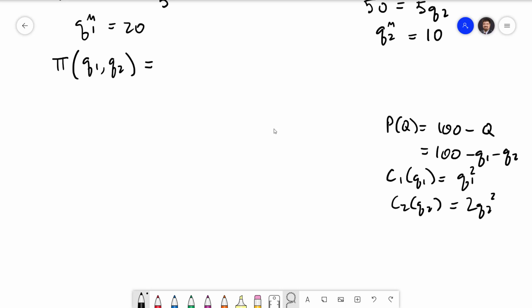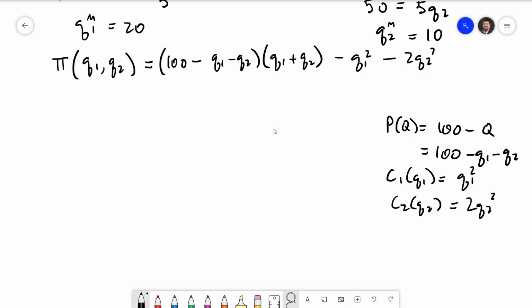So our total revenue is going to be price of 100 minus Q1 minus Q2 times our total quantity, which is Q1 plus Q2, minus Q1 squared minus 2Q2 squared.